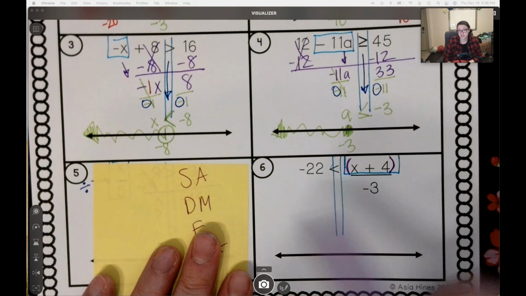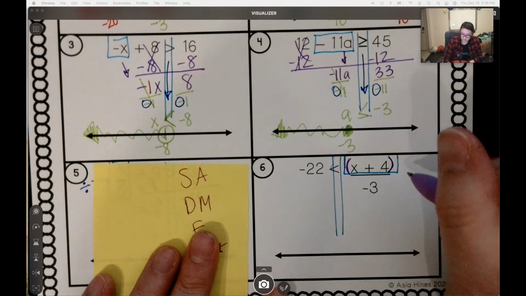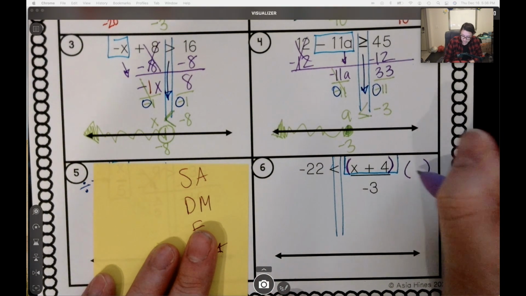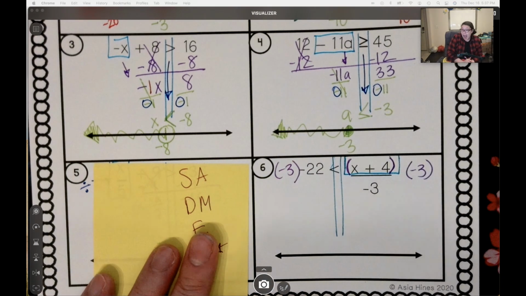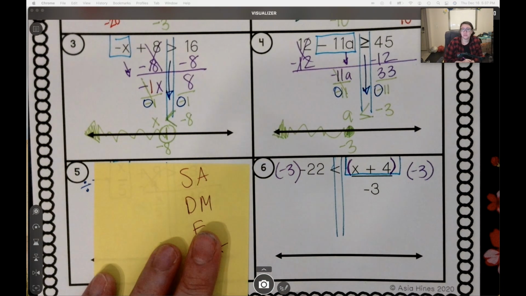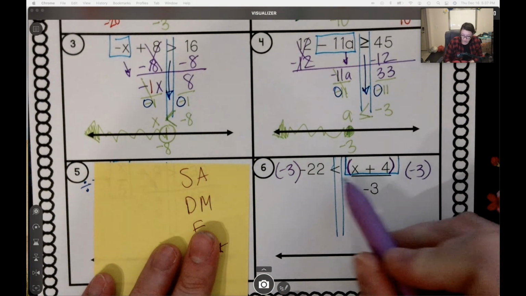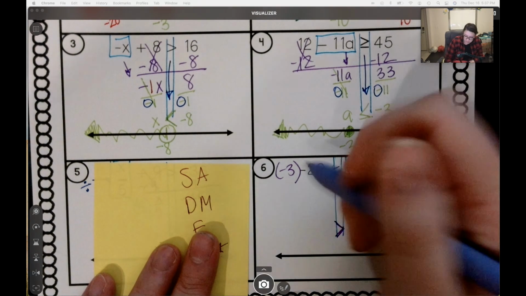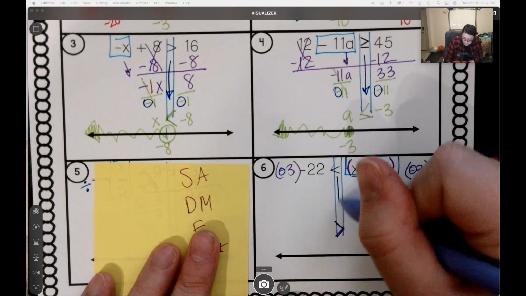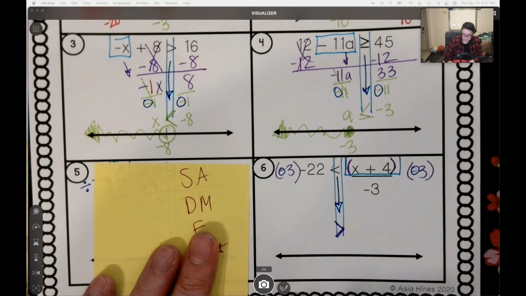Division, because it looks like a fraction. Fraction's division. So we have to multiply both sides times a negative 3. What happens when we multiply by a negative? Our sign is going to flip.